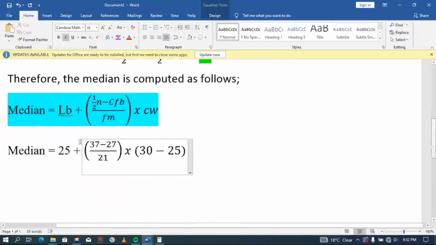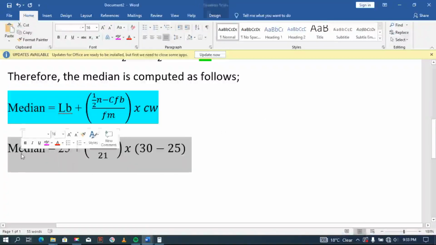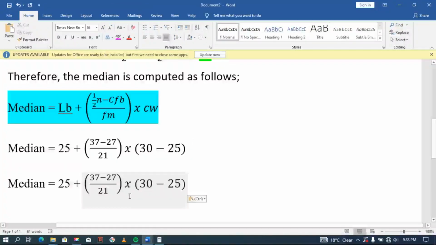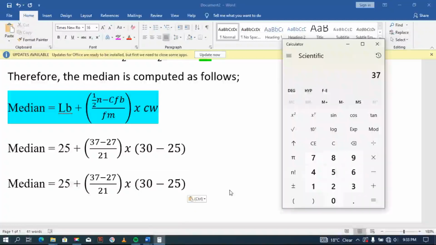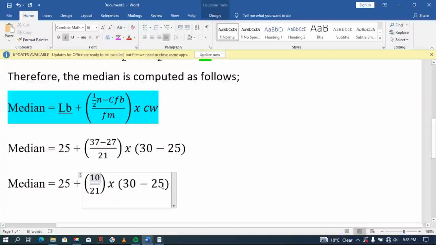So we shall have 25 plus. The difference in the numerator, that is 37 minus 27, is a difference of 10. So we have 10 divided by 21 times, now the difference between 30 and 25 is 5, times 5.